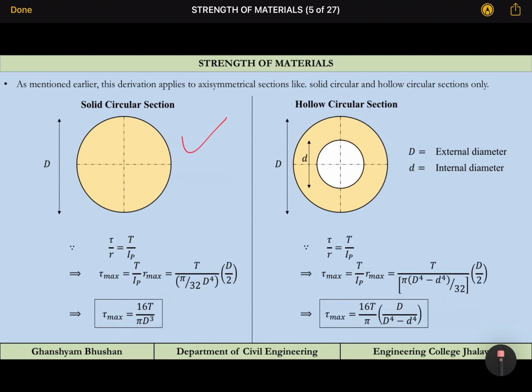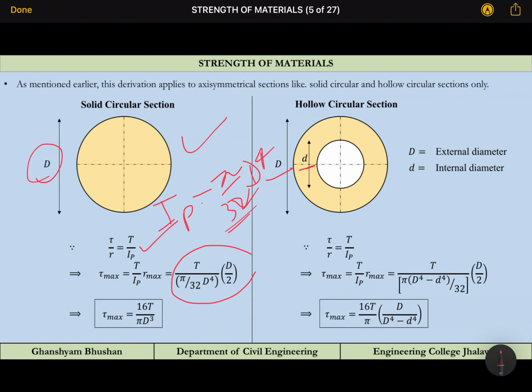Okay, so capital D is the external diameter, smaller d is the internal diameter. Tau by r is nothing but T by IP, from the previous slide. So IP we know for circular section is pi by 32 d raised to power 4. So for solid circular section, if we put all the values, we get 16 T by pi d cube. So this is the tau max.